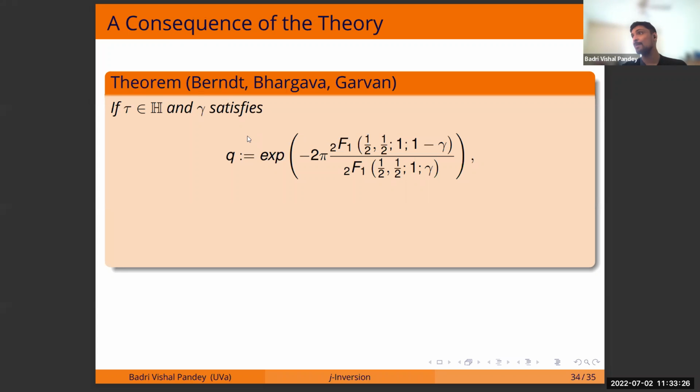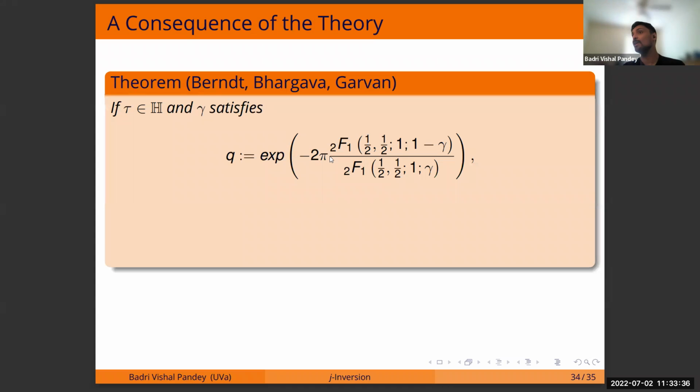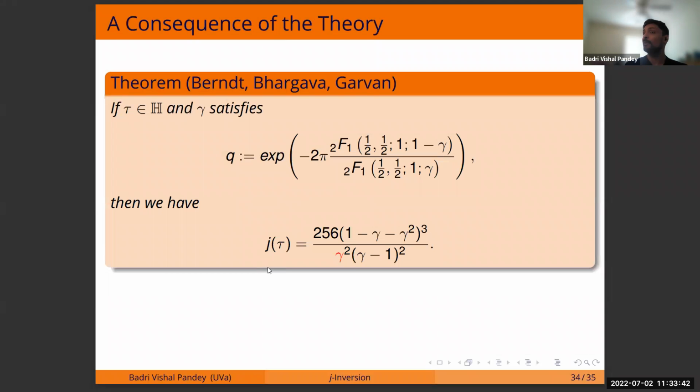One example, and I gave you two theorems which had the same idea, is the following: we replace this e to the power 2 pi i tau by e to the power minus 2 pi times a ratio of hypergeometric functions. It turns out that when you evaluate j at tau, this is a nice rational function in the input variable gamma.